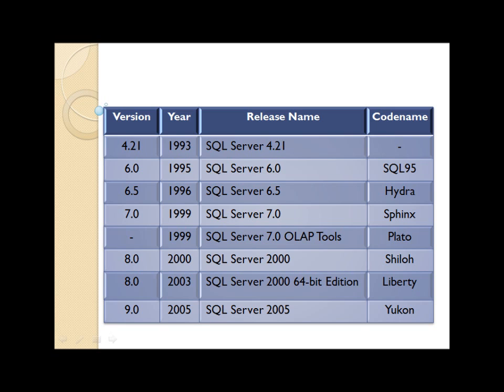In 2003, MS SQL Server 2000 64-bit edition version 8.0 was released, whose codename is Liberty. Now we introduce 2005: MS SQL Server 2005 version 9.0 was released, whose codename is Yukon.